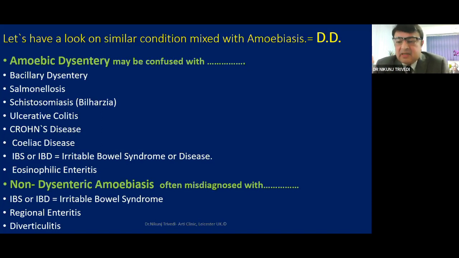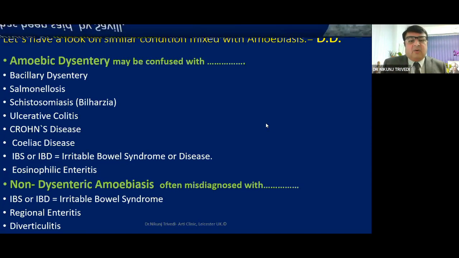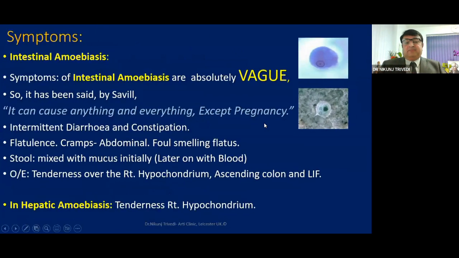And if you consider that, then there is no need of taking a very deep history, but history is very, very important. That gives a clue how it has been affecting the patient's condition. So now we are going back again to the symptoms of intestinal amoebiasis.